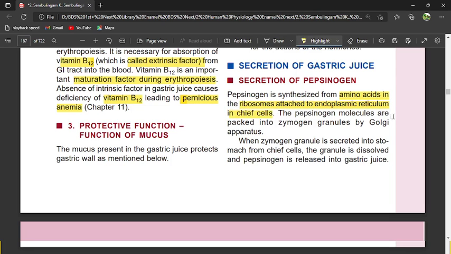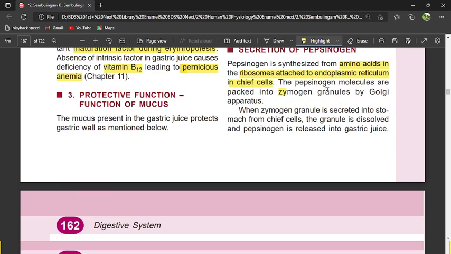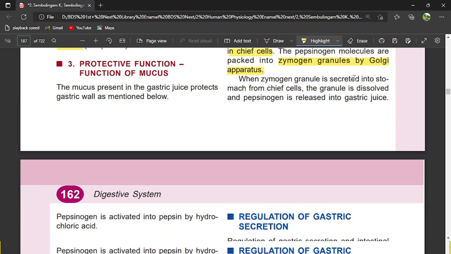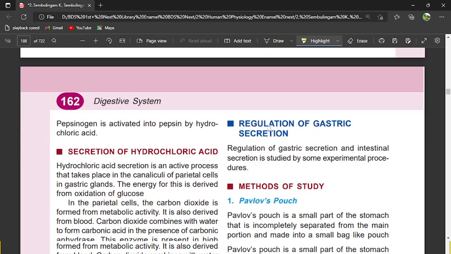The pepsinogen molecules are packed into zymogen granules by the Golgi apparatus. When the zymogen granule is secreted by the stomach chief cells, the granule is dissolved into pepsinogen and releases the gastric juice.